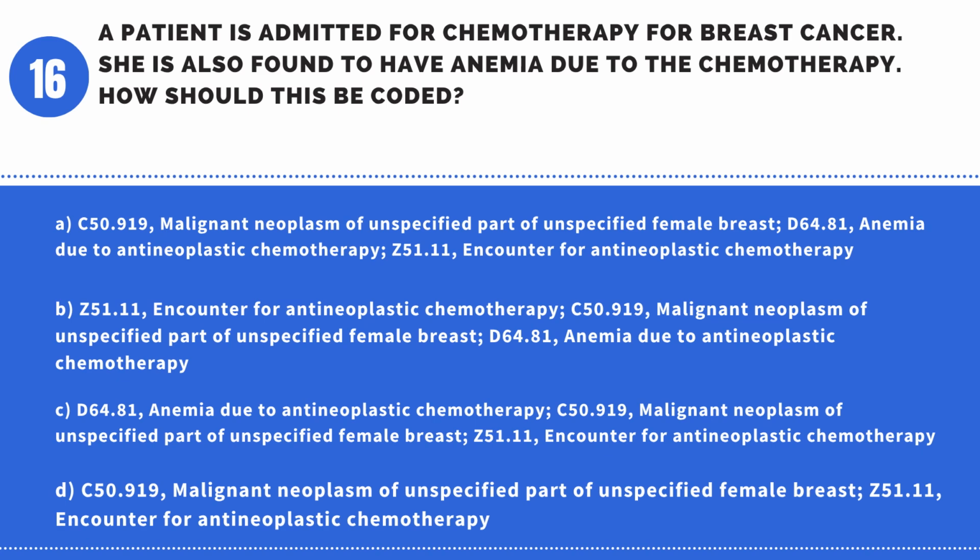C. D64.81, anemia due to antineoplastic chemotherapy, C59.19, malignant neoplasm of unspecified part of unspecified female breast, Z51.11, encounter for antineoplastic chemotherapy. D. C59.19, malignant neoplasm of unspecified part of unspecified female breast. Z51.11, encounter for antineoplastic chemotherapy.